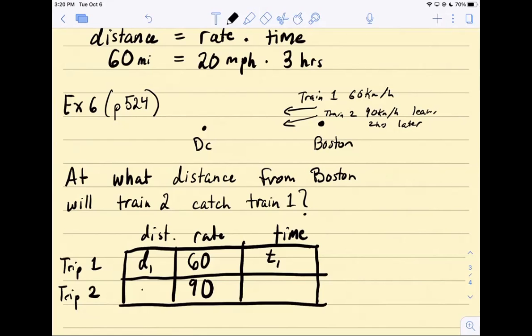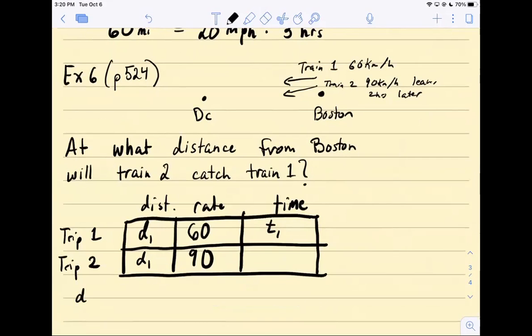So I'm just going to write in here D1 because we're looking for D2 equal to D1 where they meet after traveling from the same starting point. Thank you, Lupe. Very good.